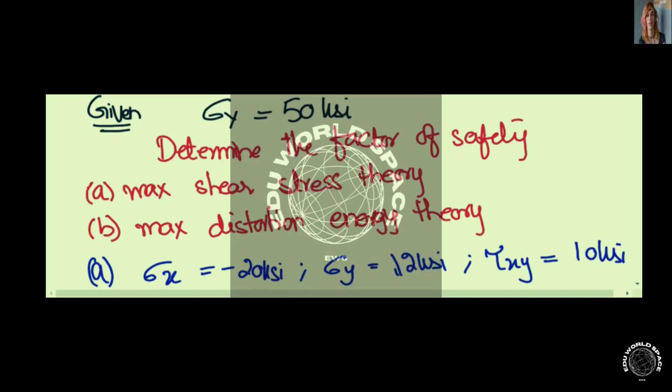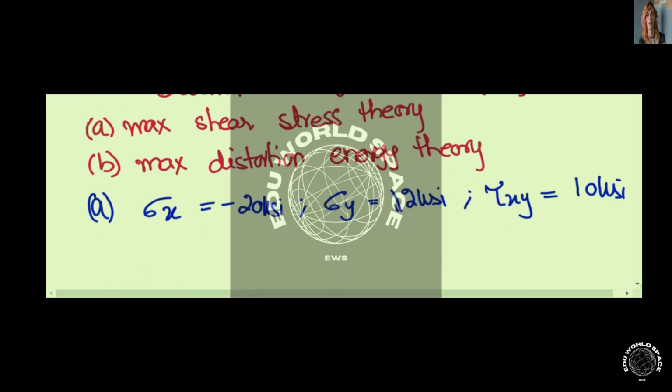For part A, we need to solve this problem using the maximum shear stress theory, so we need to use equation 10.27. First of all, we need to find out the principal stresses.